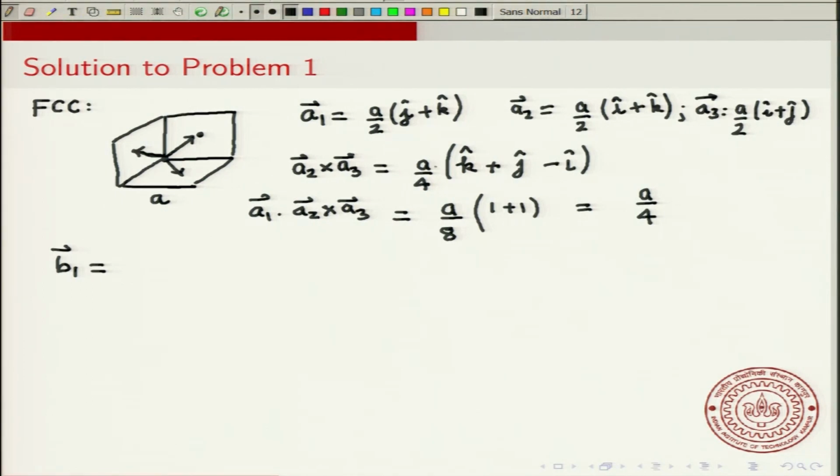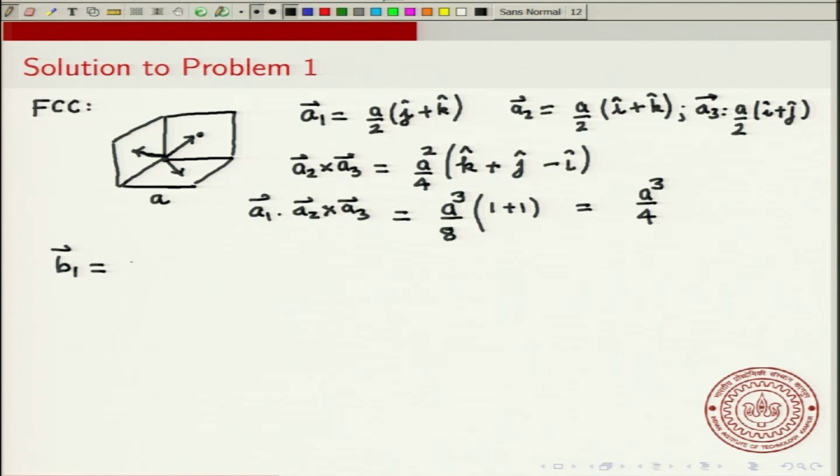So, that has a factor of a/4, and the denominator will also have a/4. So it should be a squared by 4, a cubed by 8. I forgot the a cubed by 8 and a cubed by 4.